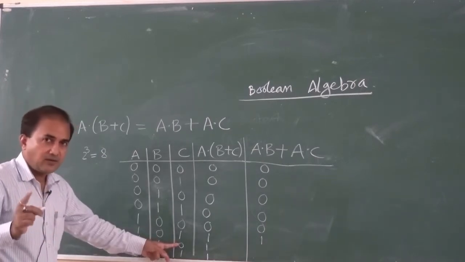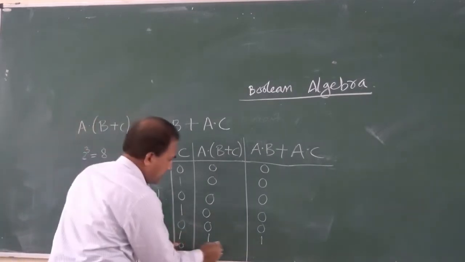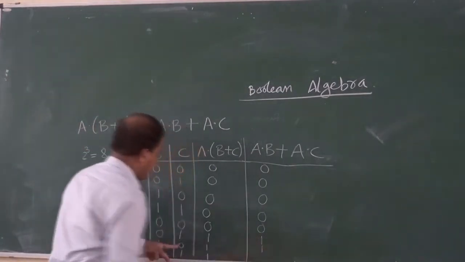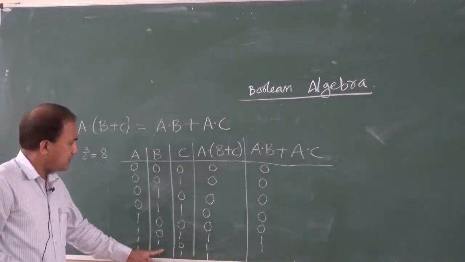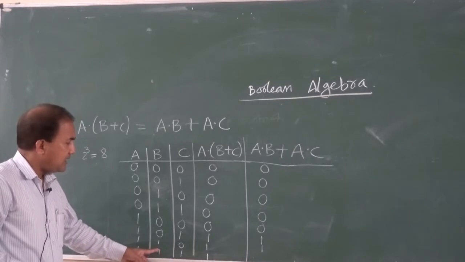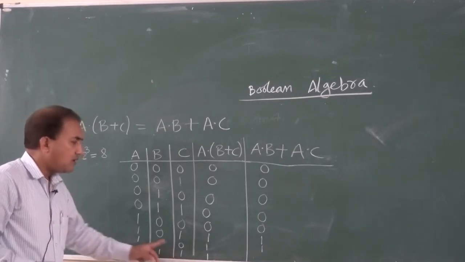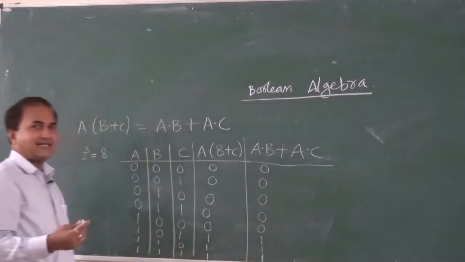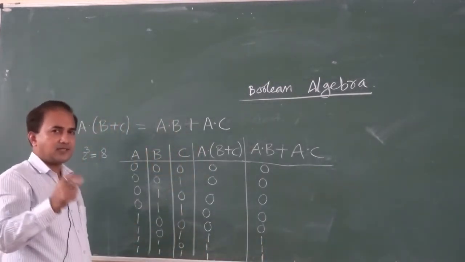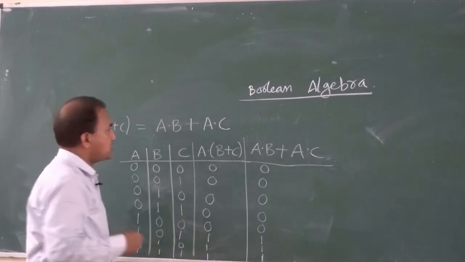So 1 plus 0 is equal to 1. Similarly for this case, a dot b is 1 dot 1, which is 1, and a dot c is 1, so 1 plus 1. This is logic addition, 1 plus 1 is 1.